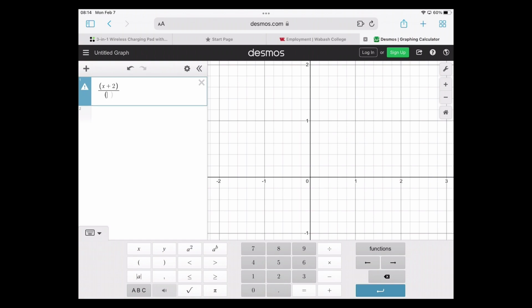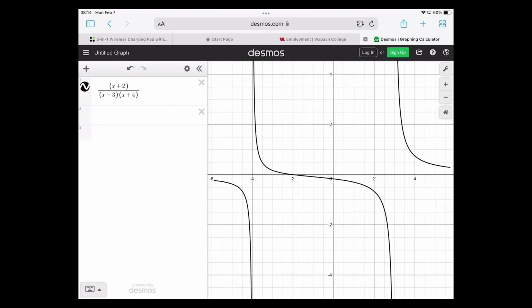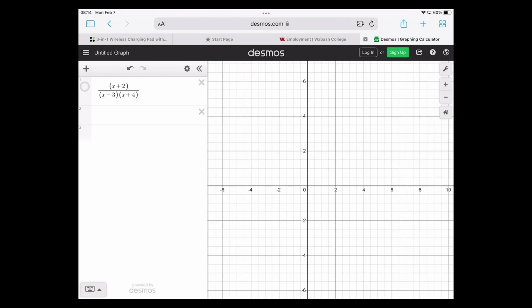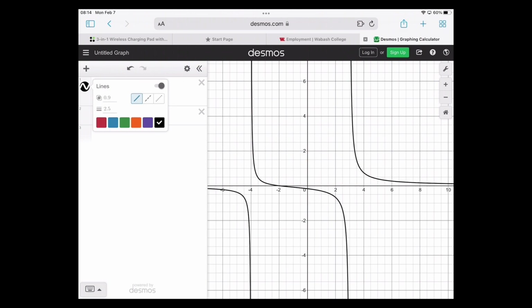X minus 3 times X plus 4. Okay, so let's zoom out and take a peek here. Let me change the color so it's more obvious. How about red? Because this is Wabash.